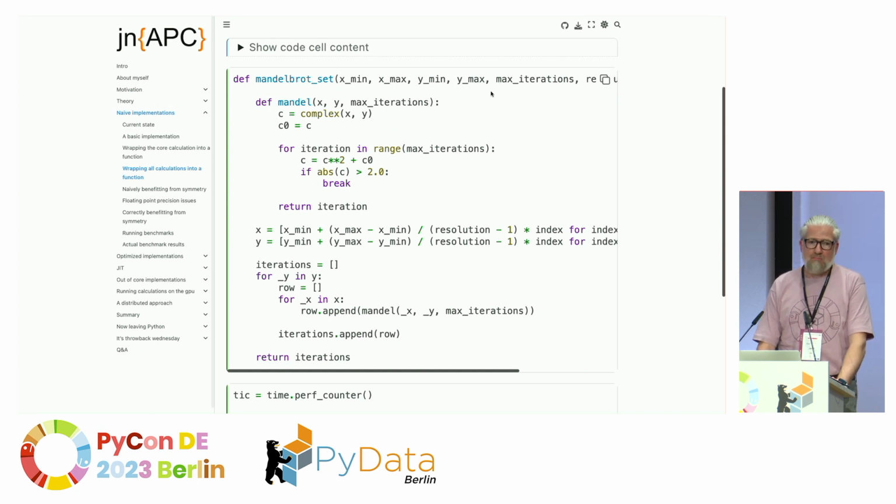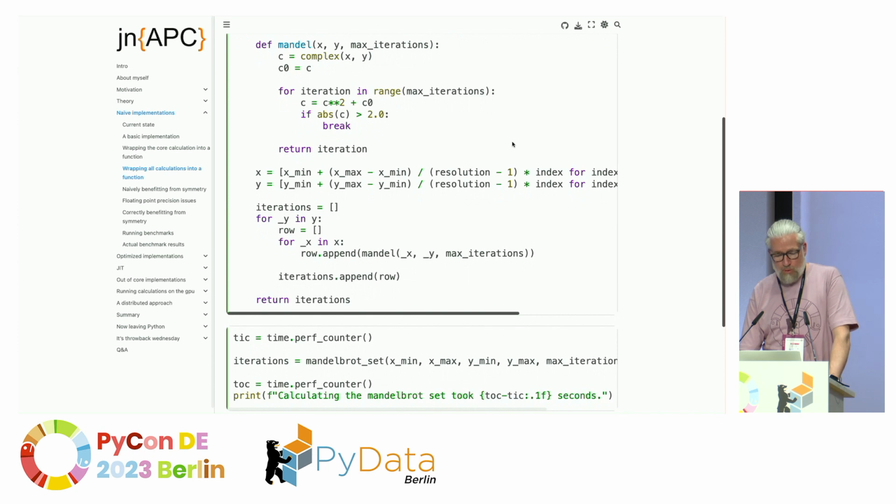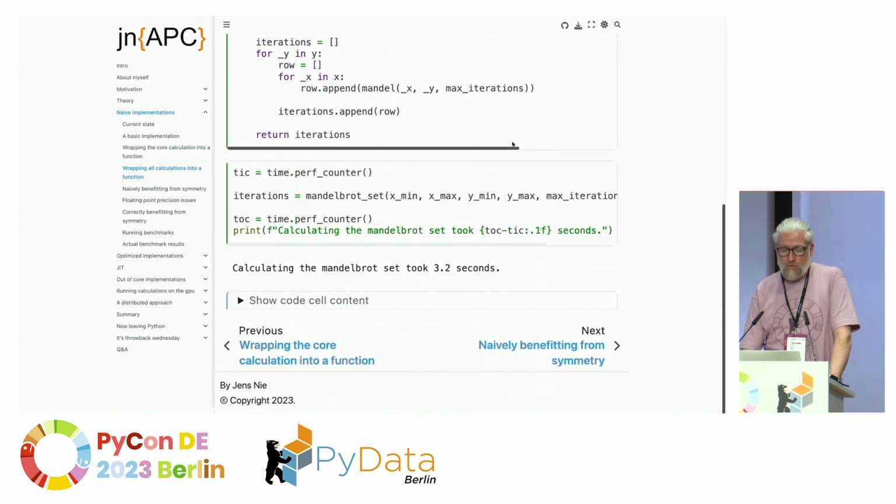There is a parameter for max iterations. We say that's where we stop. And there will be a resolution where we say how many pixels we'd like to calculate. That we will see more often throughout this talk.